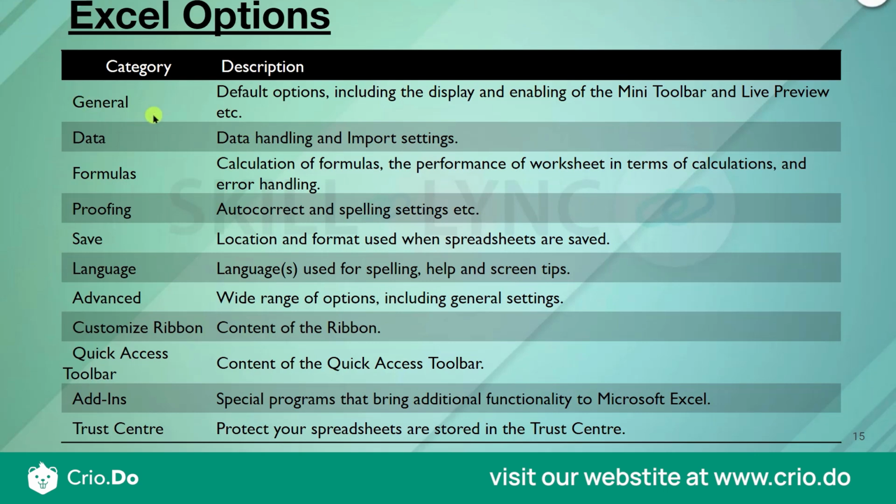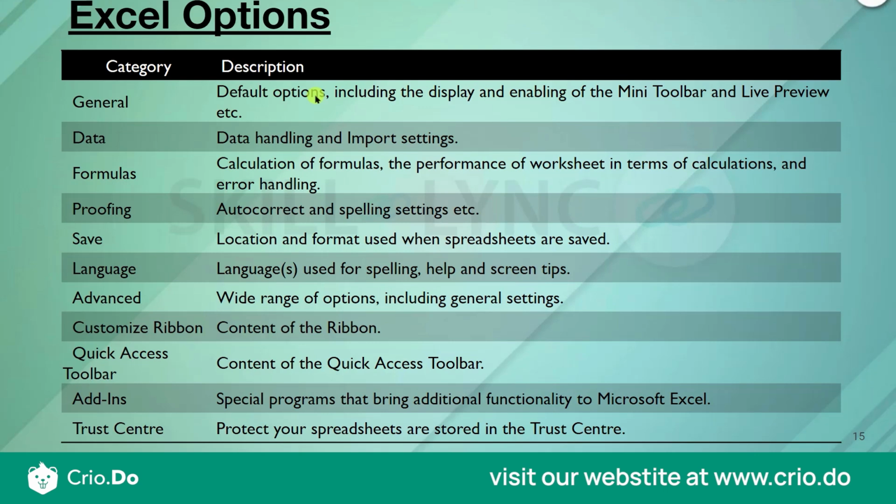First we have the category general. In general, we have default options including the display, enabling of some mini toolbar or some live preview, etc. We will see what else we have. For now, we are just covering a brief description so that we should be aware about what we have in a particular category. Next category is data.